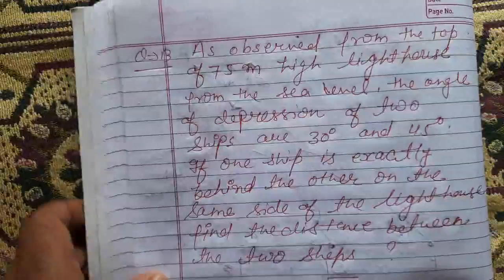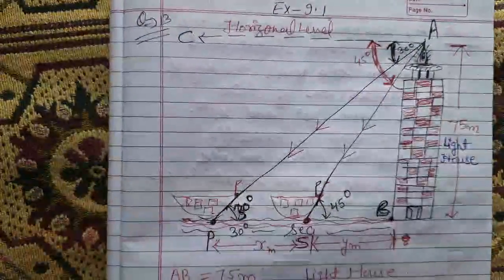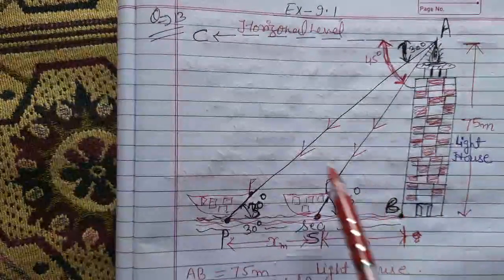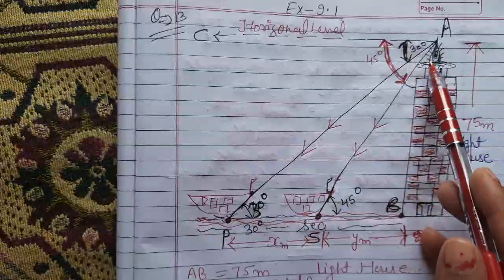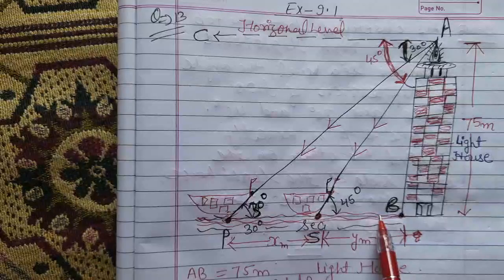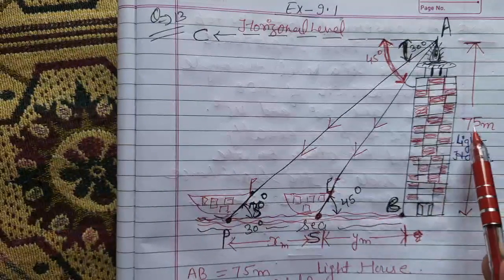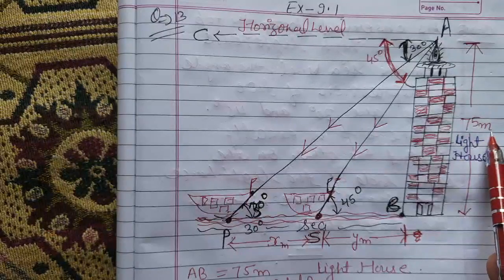Okay, so based on this information, first I have drawn the diagram, which is like this. This is the lighthouse, this is the sea. It is located nearby the sea. The height of the lighthouse is 75 meters.